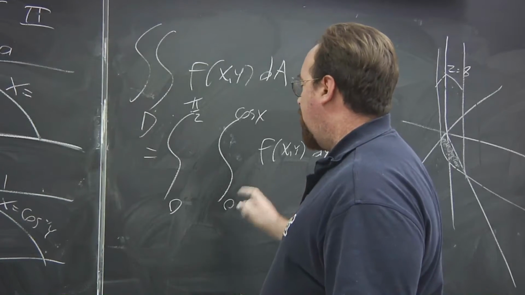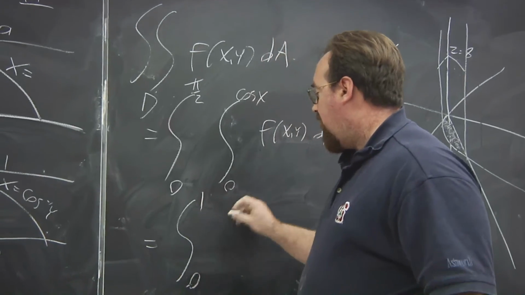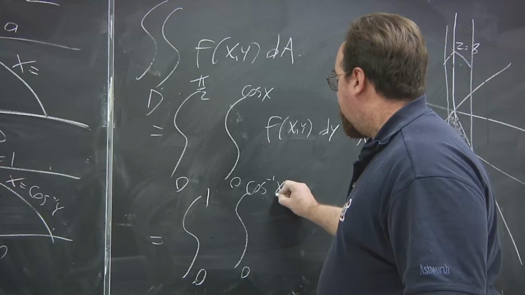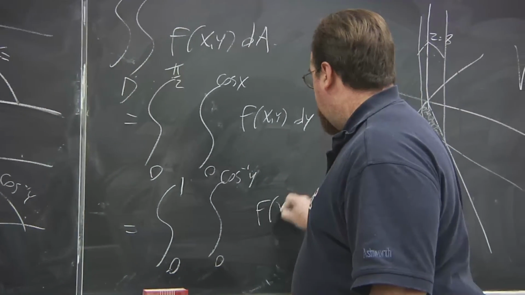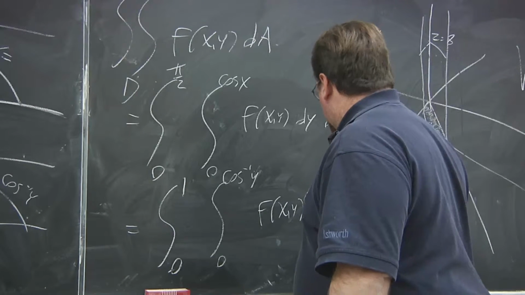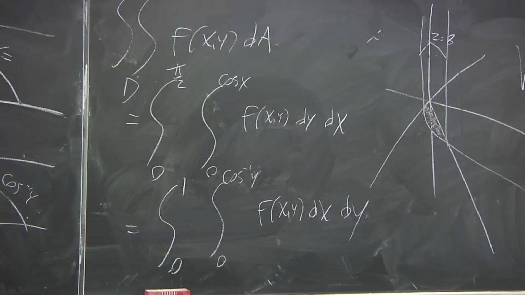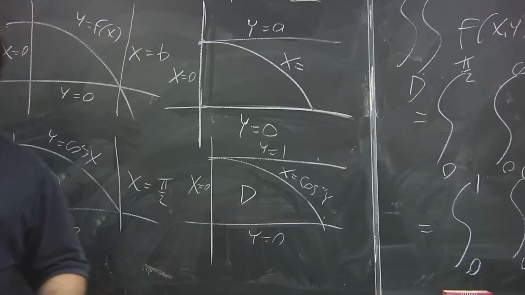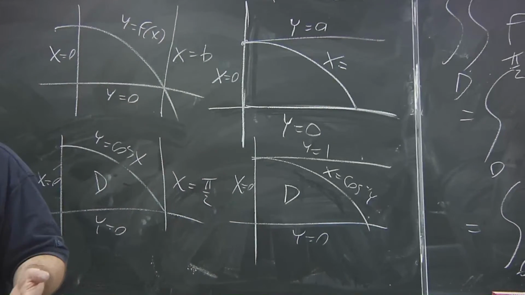So this is the type 1 way. Or 0 to 1 in y, 0 to inverse cosine y in x, f of x y dx dy. Now, what is it that the inverse cosine describes? It describes this portion of the boundary of the region. So it's the exact same curve. We're just using different equations to describe it.